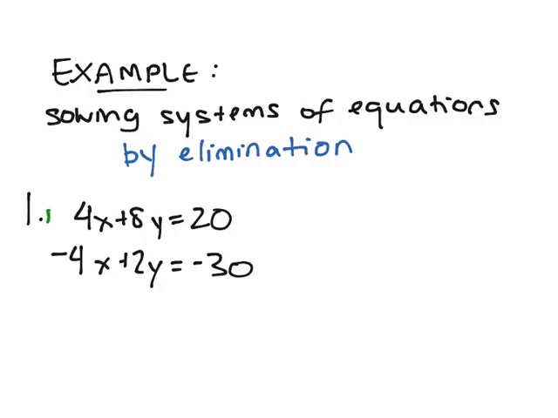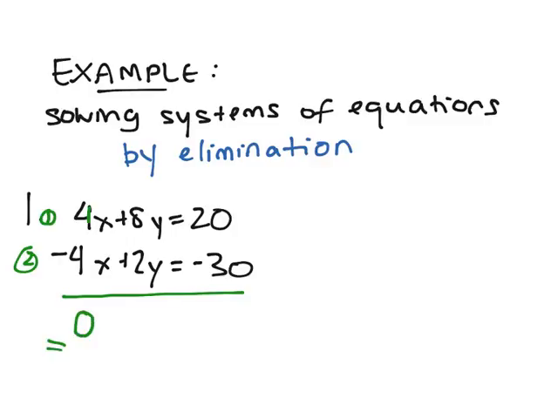We take two equations and we add or subtract them together in order to delete one of the variables. So over here, if we added equation 1 and 2 together, we have 4x minus 4x, which becomes 0.